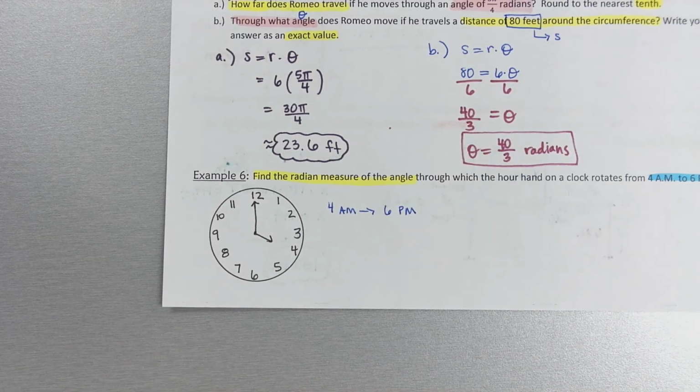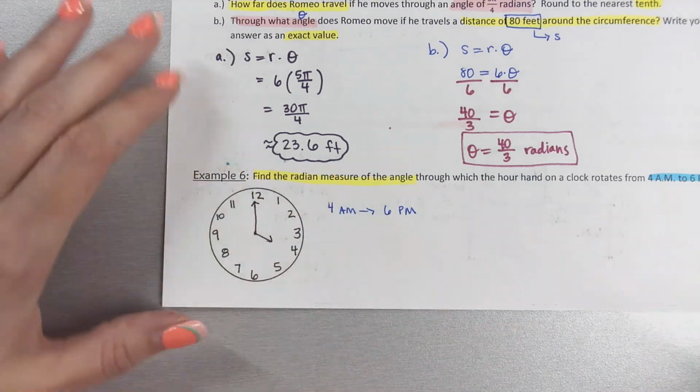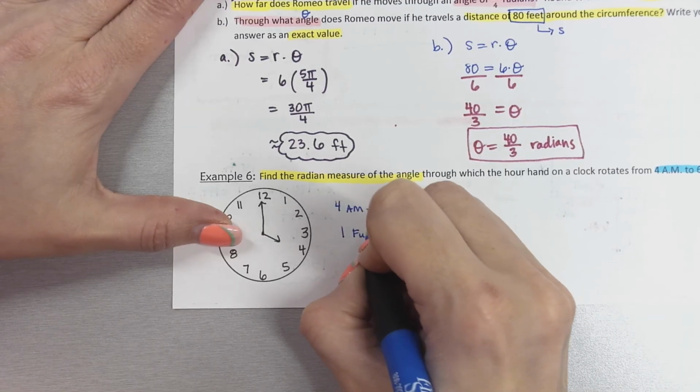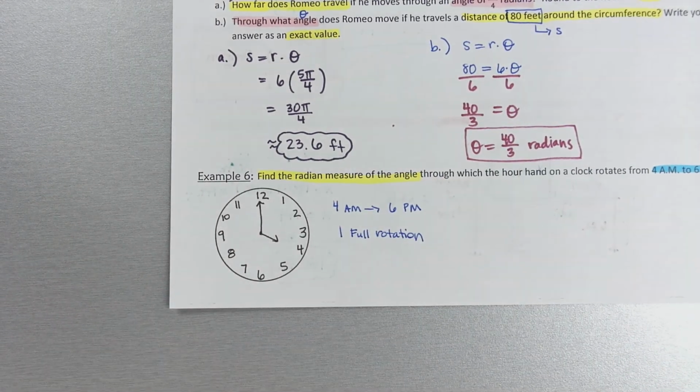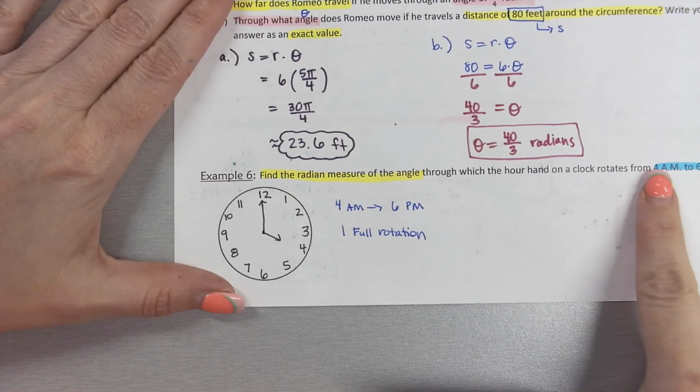the hour hand is definitely going to travel one full rotation, right? Okay, from 4 a.m. to 6 p.m. Okay, so if you have one full rotation, it goes from 4 a.m. to your 4 p.m., then we're going to be adding something else to it.